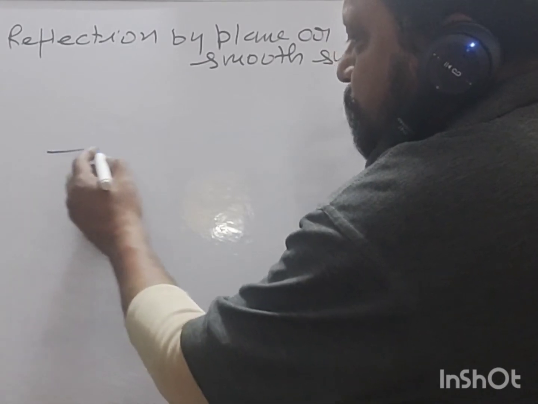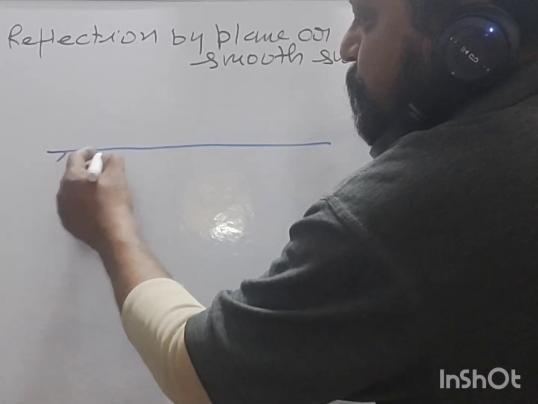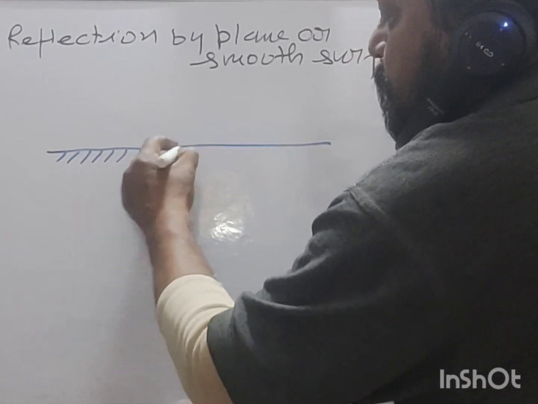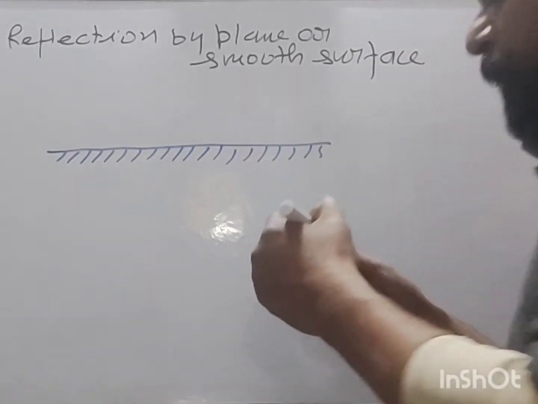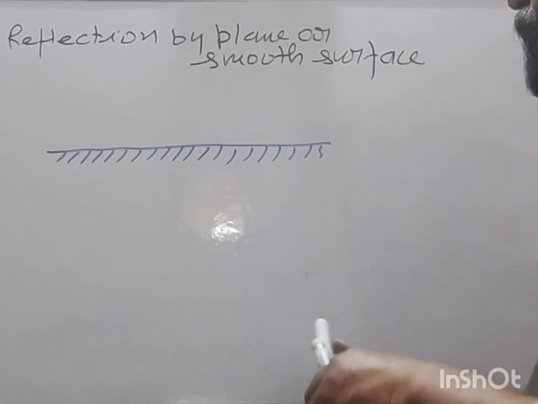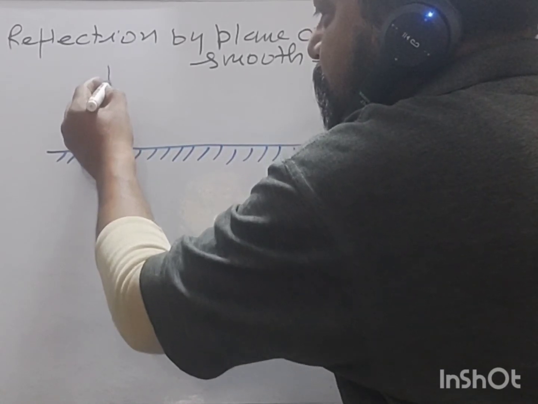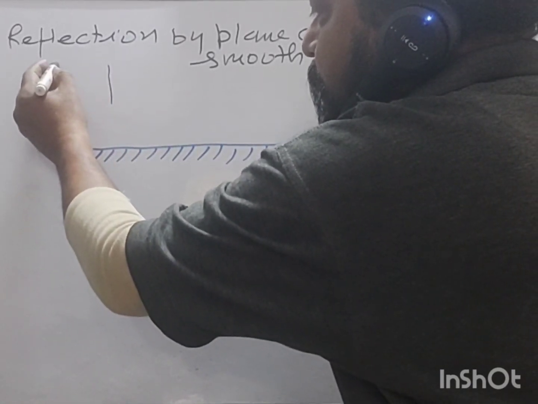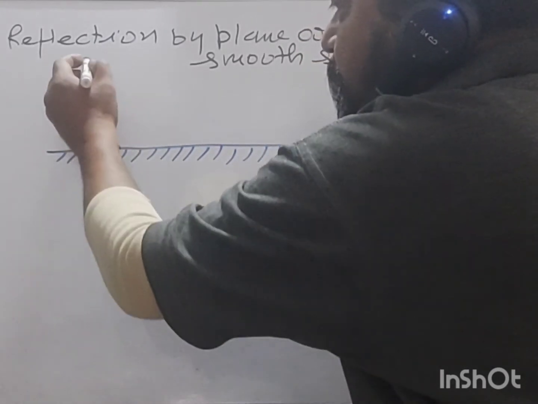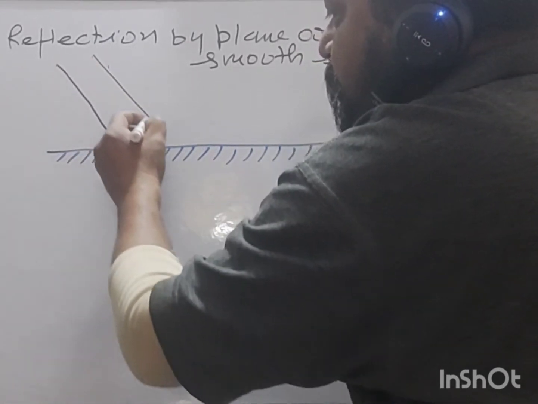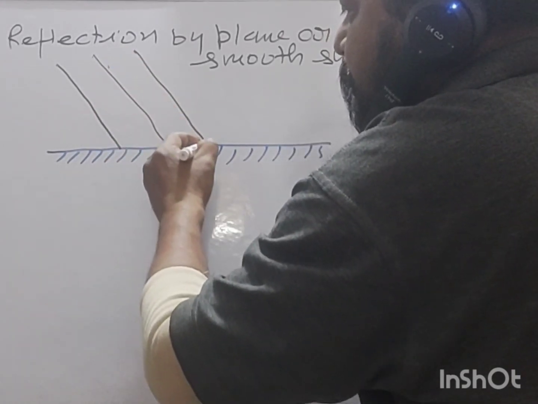So now we have taken this is a plane surface. This is smooth also, it means no curves. So on this smooth surface, this is an incident ray, this is also an incident ray, this is also an incident ray, right?